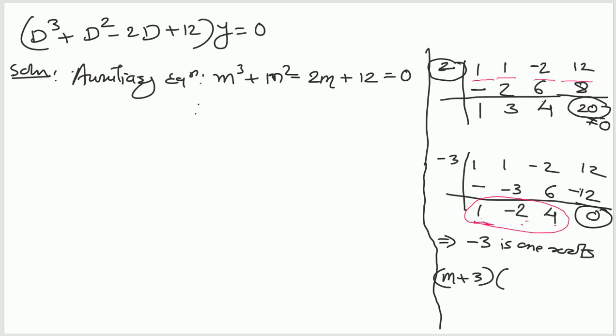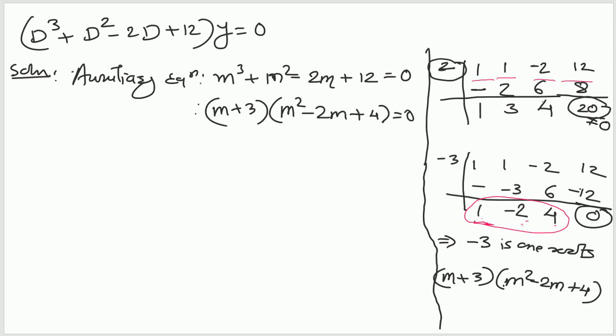So that equation is m square minus 2m plus 4. This is how synthetic division works. So now we got the factorization: m plus 3 into m square minus 2m plus 4 is equal to 0.